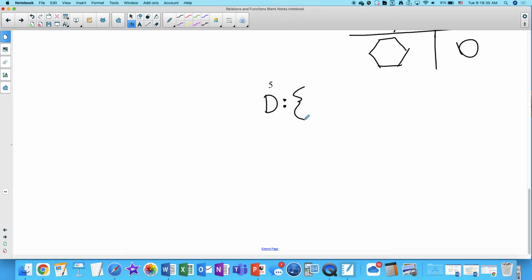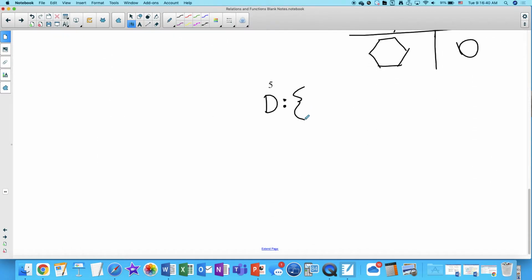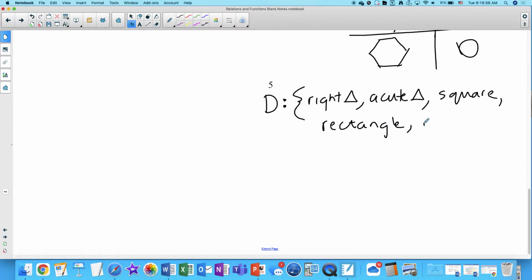So the input values are right triangle, acute triangle, square, rectangle, and regular hexagon. And then I'm going to close that bracket off to show this is the set of input values that I could have in this particular function.